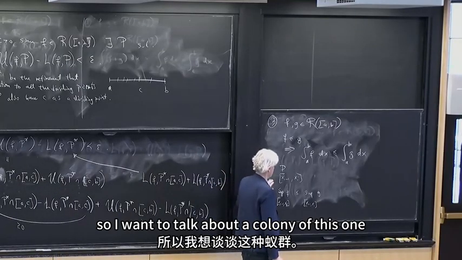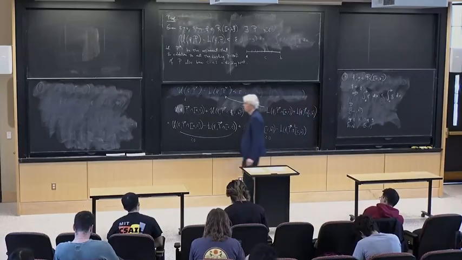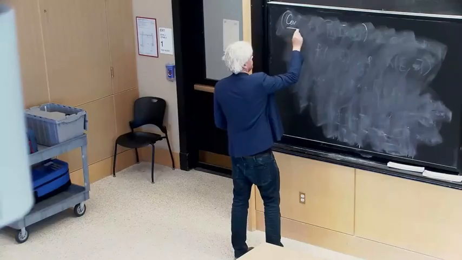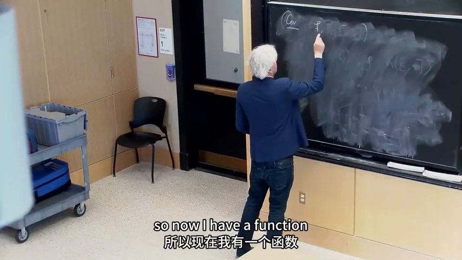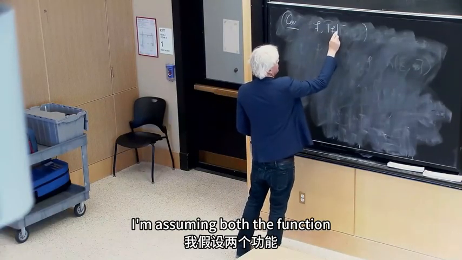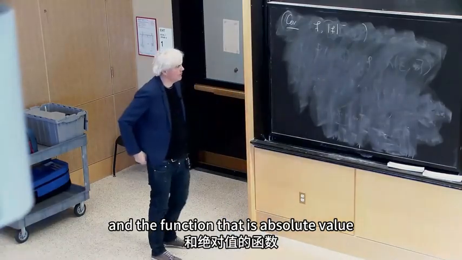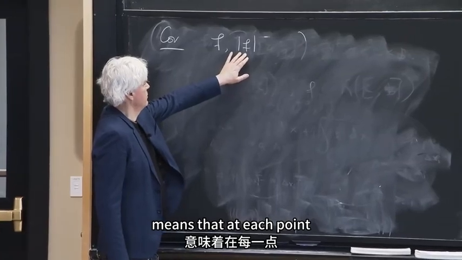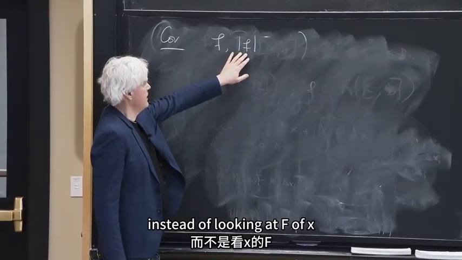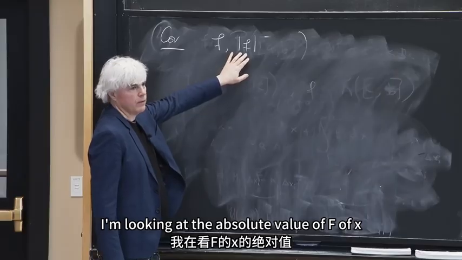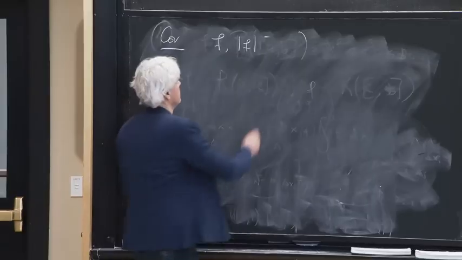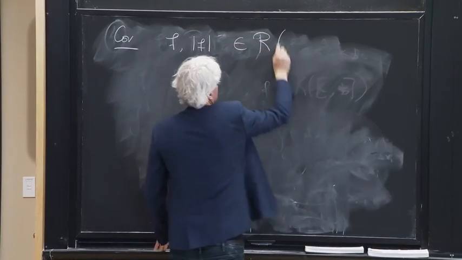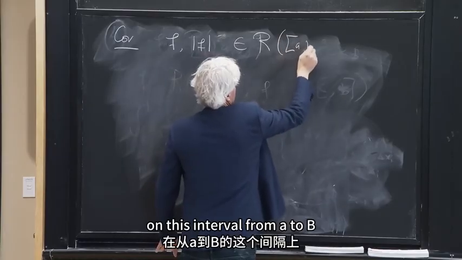I want to talk about a corollary of this one. So now I have a function, and I'm assuming both the function and the function that is the absolute value. The function that is absolute value means that at each point, instead of looking at f of x, I'm looking at the absolute value of f of x. I'm assuming that both of these functions are Riemann integrable on this interval from a to b.